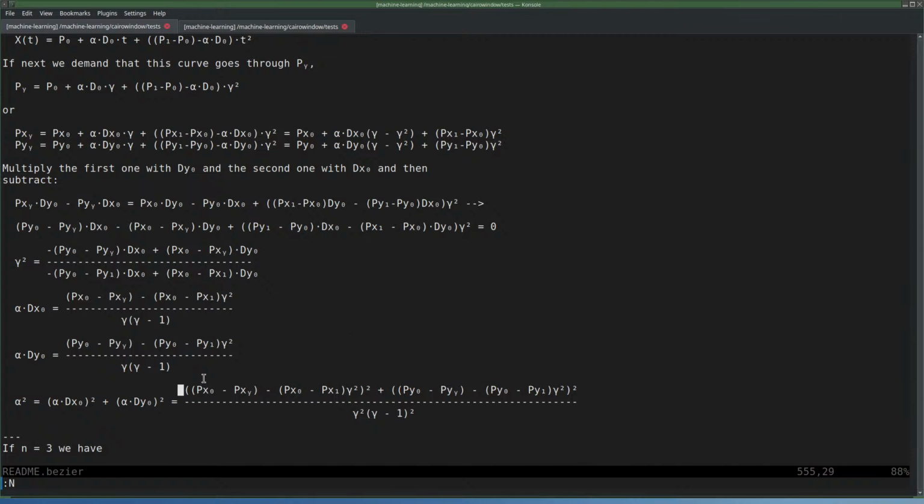For example, if you do the squares, then you get the square of this here, and you get the square of that there, and you add that, so that would be the square of the length of the vector from 0 to gamma. Likewise, we get the length of this one times gamma to the power 4.